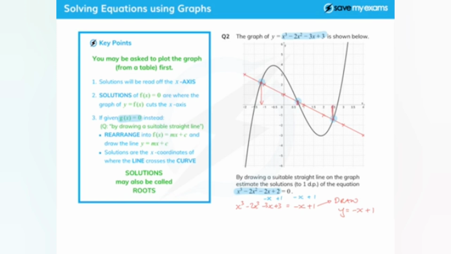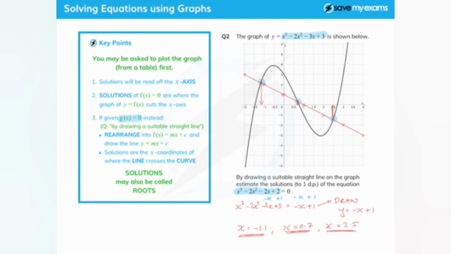And again, to the nearest grid line, we can see that x looks to me to be about minus 1.1, where my lines hit the axis, and then about 0.7, and then about 2.5. If you get them 0.1 out from those, that's probably fine.